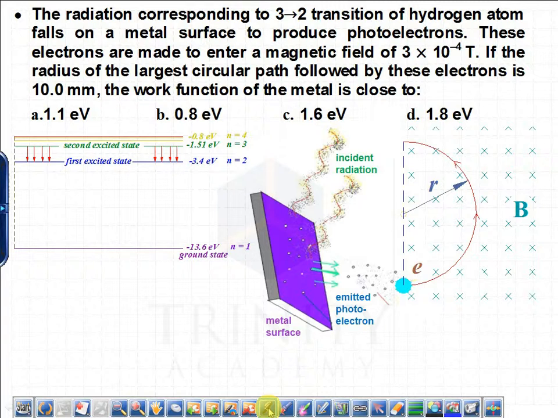In this case, it is given that transition of the hydrogen atom is from n equal to 3 to n equal to 2. In the case of hydrogen atom, we know that the various values of n correspond to the energy levels. n equal to 3 corresponds to energy of minus 1.51 electron volt. n equal to 2 corresponds to energy of minus 3.4 electron volt.